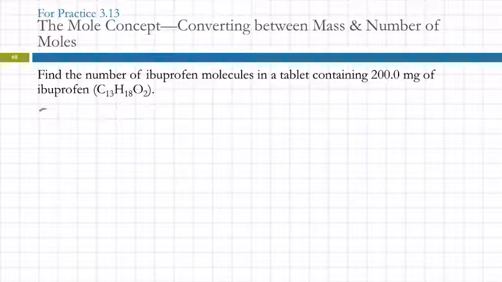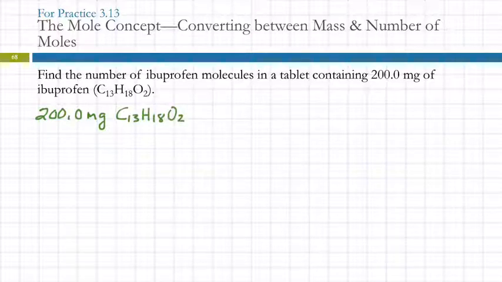The only number that's in there is 200.0 milligrams, and that's milligrams of ibuprofen, C13H18O2. What are they asking us to find? Molecules of ibuprofen.